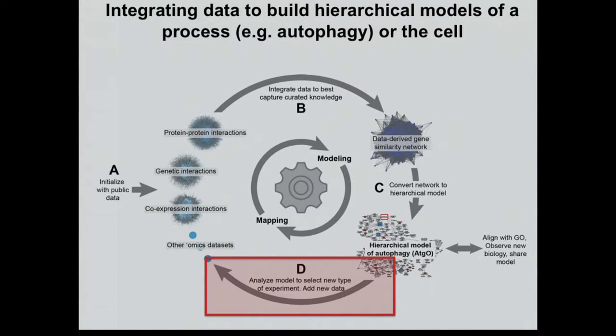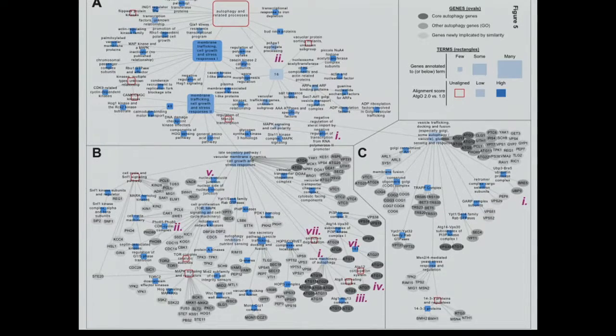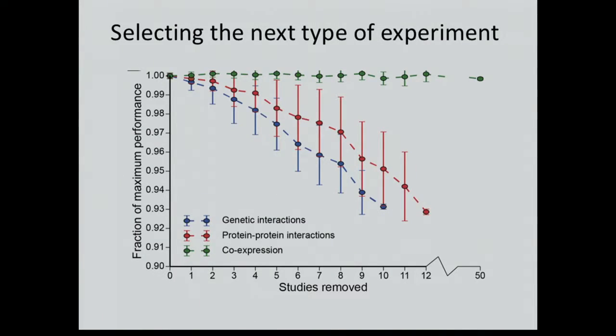So having built this ontology and aligned it against GO, one can now use that GO alignment as a benchmark to talk about how performant a particular data-driven ontology is as you erode the different data sets underlying it. So when I say fraction of maximum performance, what I really mean here is one is essentially the accuracy with which I'm recovering the GO branch of autophagy with all the data.